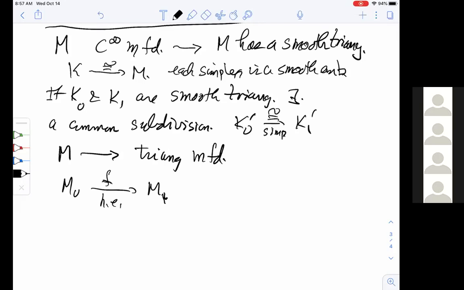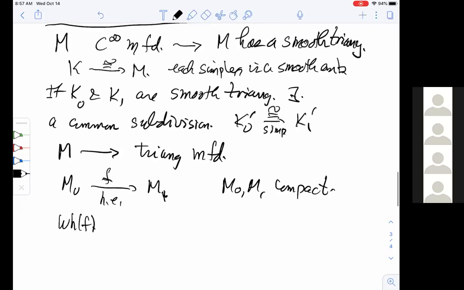These are compact manifolds, M0 and M1, compact. These are finite simplicial complexes, and therefore this homotopy equivalence has a Whitehead torsion given by these triangulations. If you take different smooth triangulations, because of this common subdivision, you'll get the same Whitehead torsion.